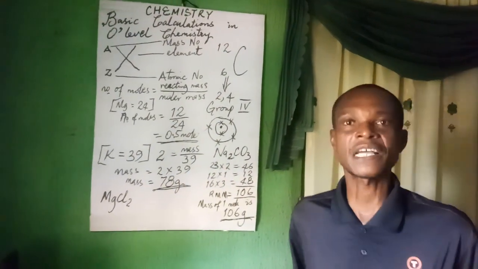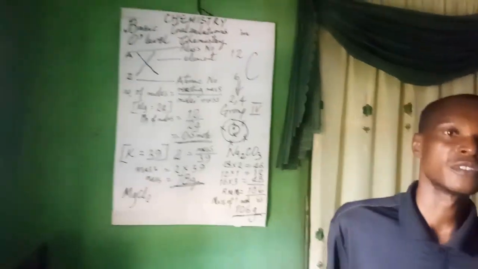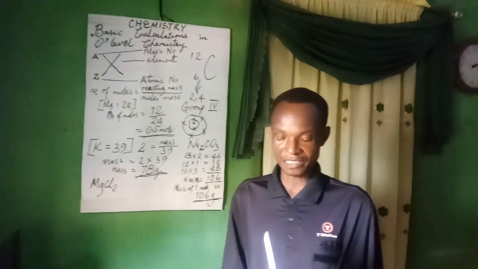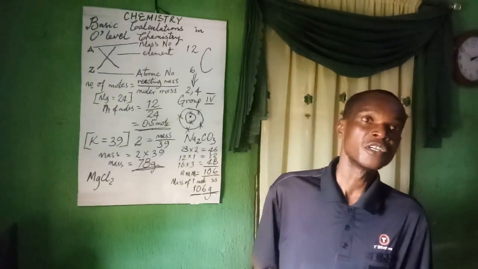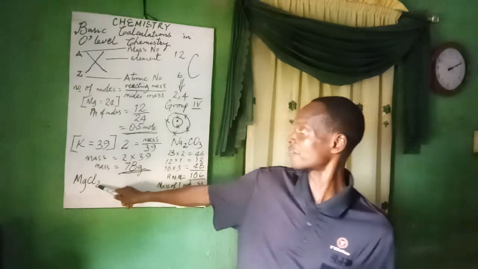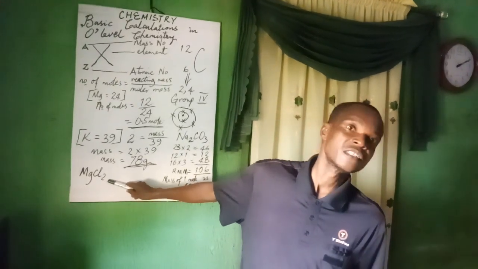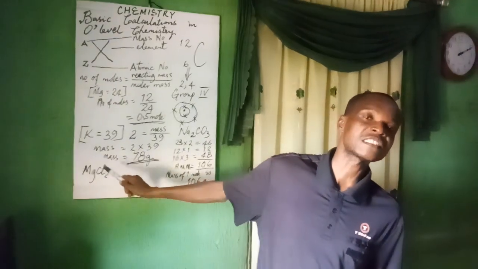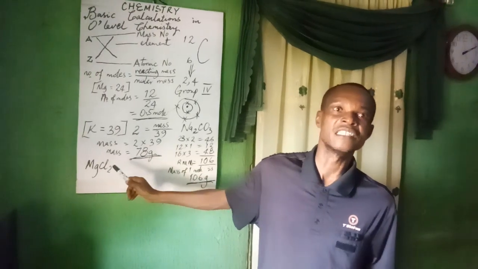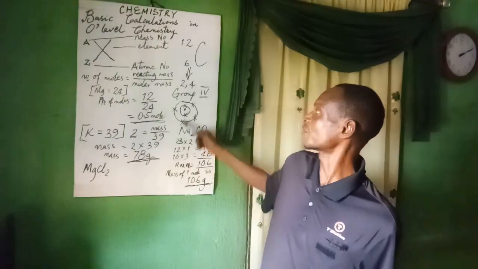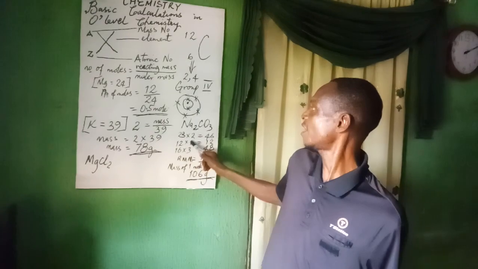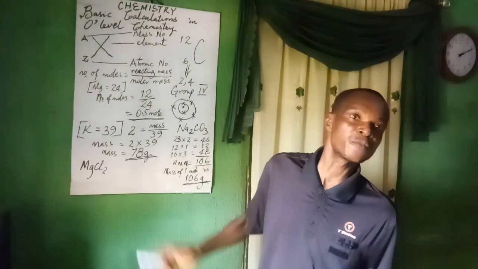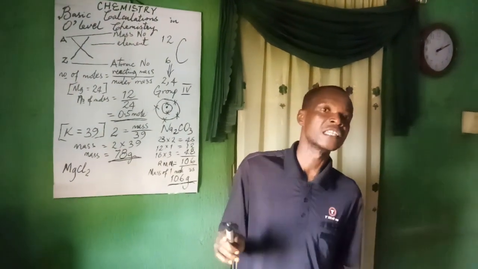If you understood the last topic I treated, which was chemical combination, you will be able to explain why you have 2 atoms of chlorine in this formula. I'm emphasizing formula, I've been saying it. For you to get these calculations right, the formula, if compounds are involved, must be written correctly.